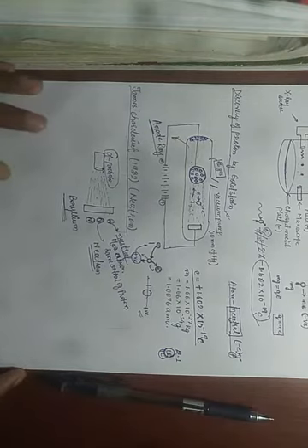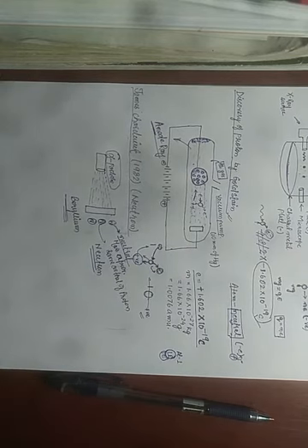Since J.J. Thomson had done so much on the discovery of electron, J.J. Thomson gave one model, and he called that model the Plum pudding model.